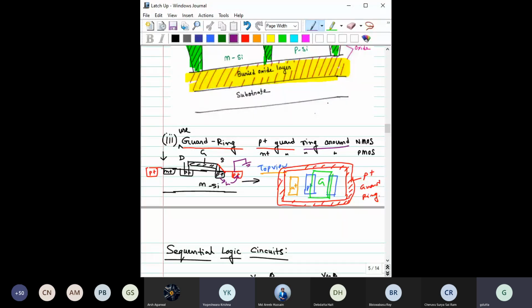So this P plus guard ring around NMOS, and this N plus guard ring would be given across this PMOS, and the N plus guard ring has to be connected with VDD so that the injected electrons would be captured by that guard ring only. That way you can prevent the latch up operation.